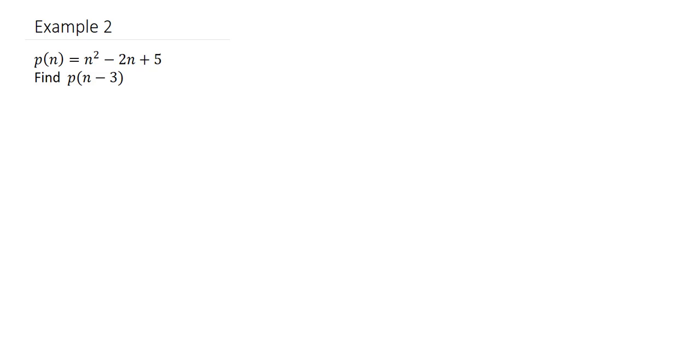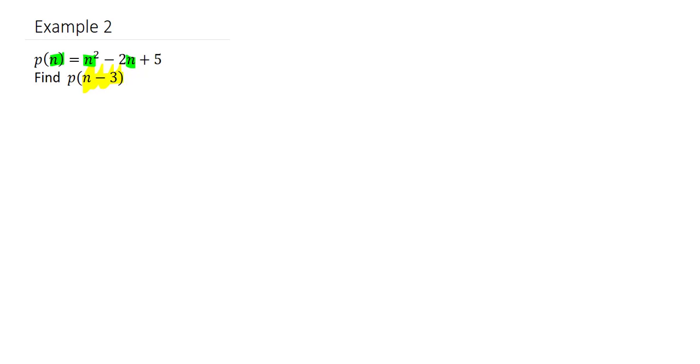Example 2. We have another function, p of n, which is equal to n squared minus 2n plus 5. So we're going to evaluate the function when n now becomes n minus 3. We're going to insert that anytime we see an n, those two spots.